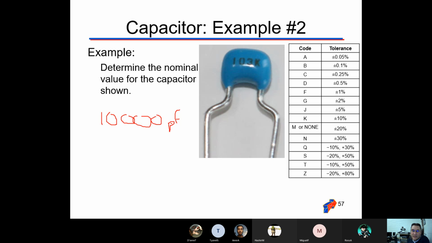Then you have the letter K, which we've already done, which is plus or minus 10%. Easy, right? No. What do you mean no? It's the same thing as the resistors, only you don't have to worry about colors with this one. It gives you the numbers. All right, so 10,000 picofarads.